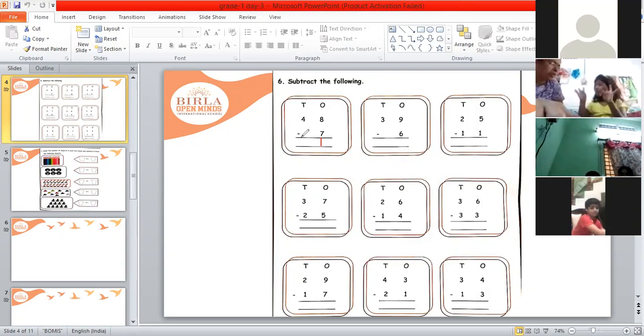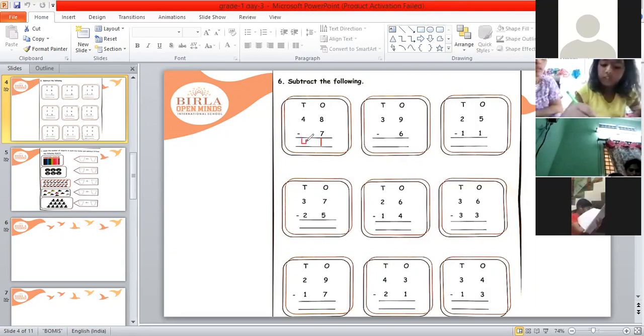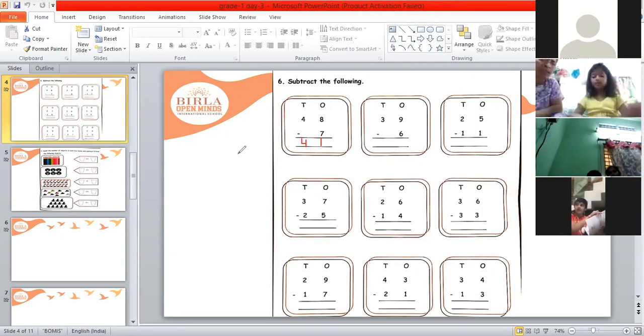Siddharth, in tens place, what is the number? 4. So we'll write 4 as it is. So what is the answer? 41. Okay, now it's correct.